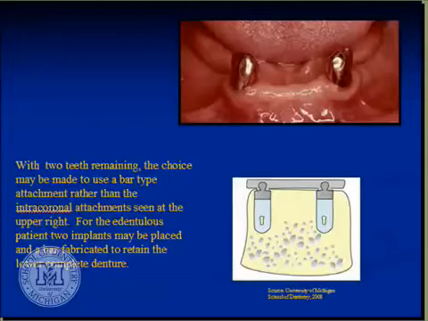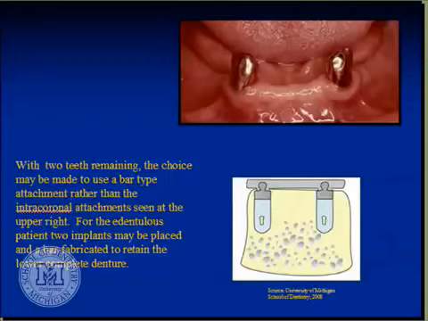Assuming the teeth were endodontically treated, one could ask: do I want to make an individual coping with an attachment on top of it? You'll see one of those later. Or do I want to make a bar that goes across and connects these? And it's the same thing if it's implants. If I've got two implants, do I want an individual attachment that just comes up in the air, or a bar that goes between the two implants?